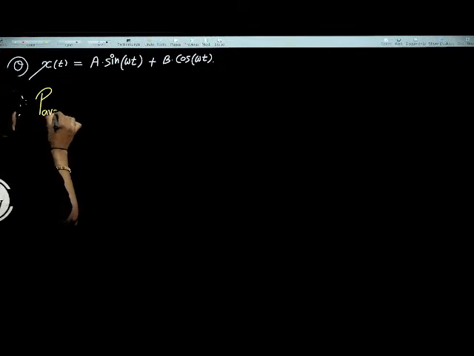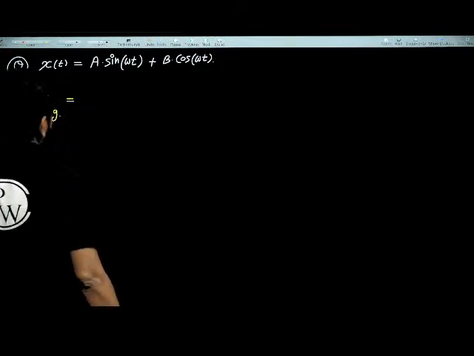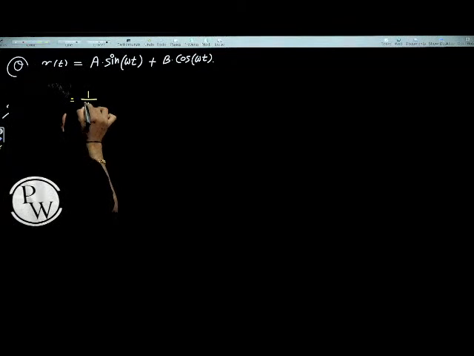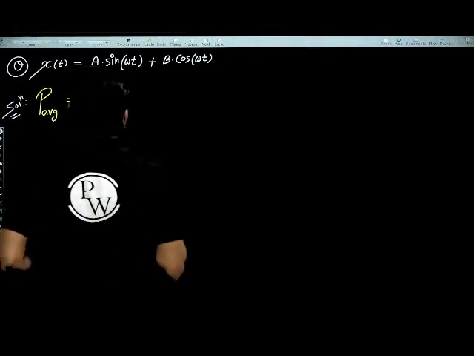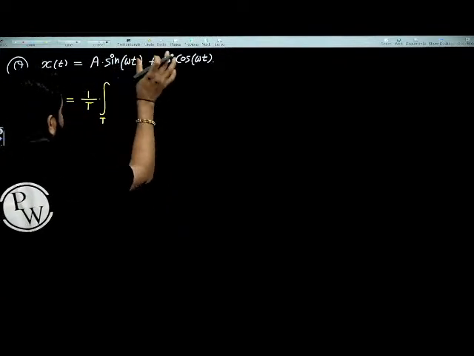Again you can see what the average power is in this case. The average power in this case is given by 1 by T integration over a fundamental time period, a square plus b square plus 2ab.